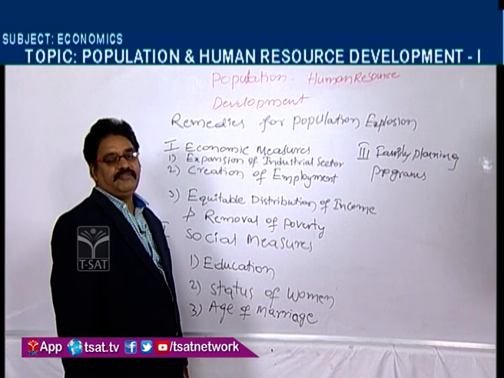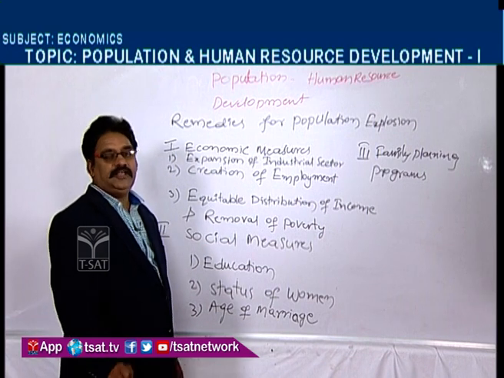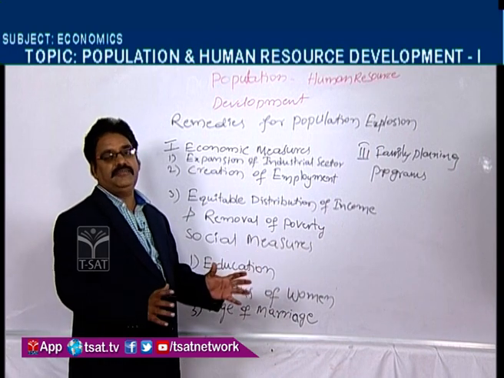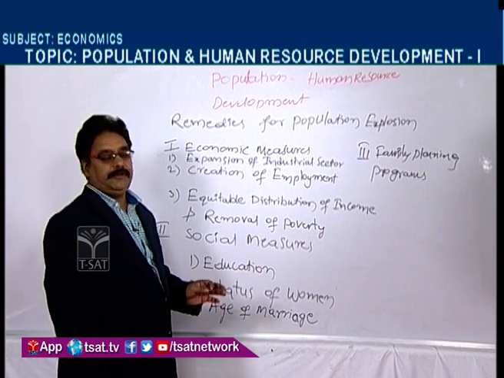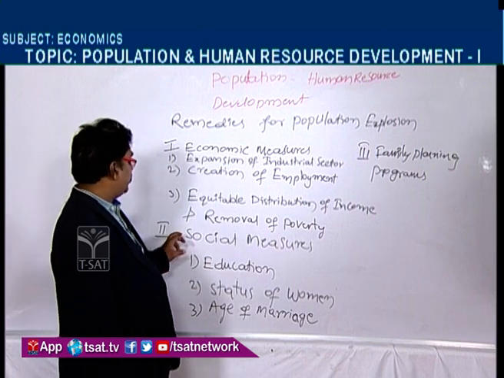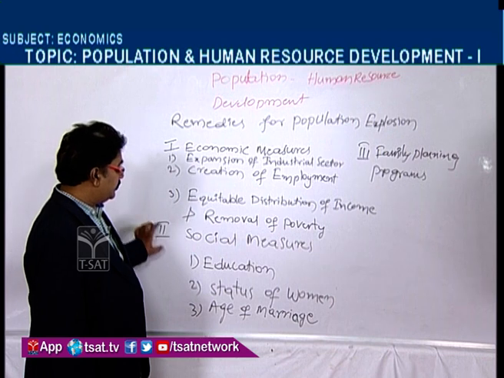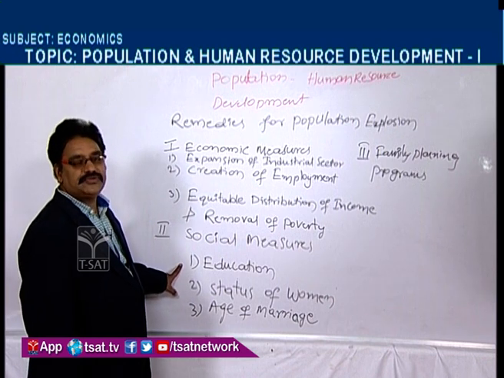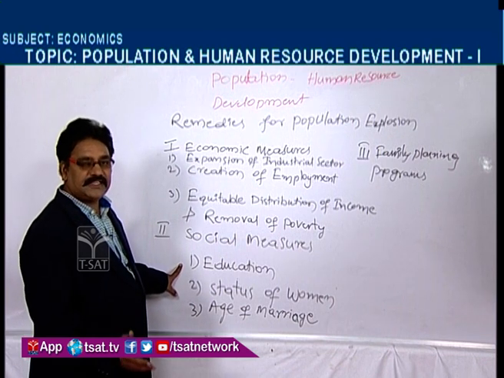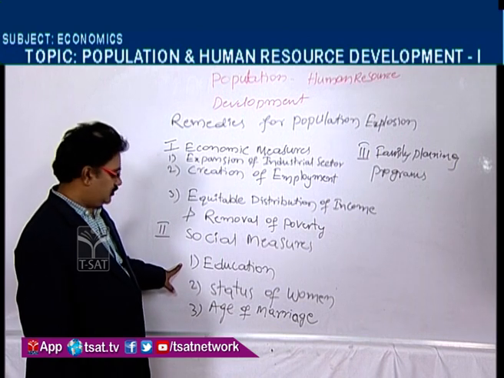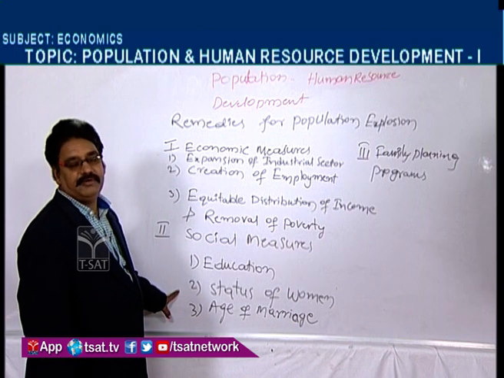In the name of land reforms, many programs have been given to redistribute the income among the people equitably. Another measure is the social measure. Social measure is providing education facilities to the people, increasing the literacy rate, bringing awareness among the people, and raising the status of women.